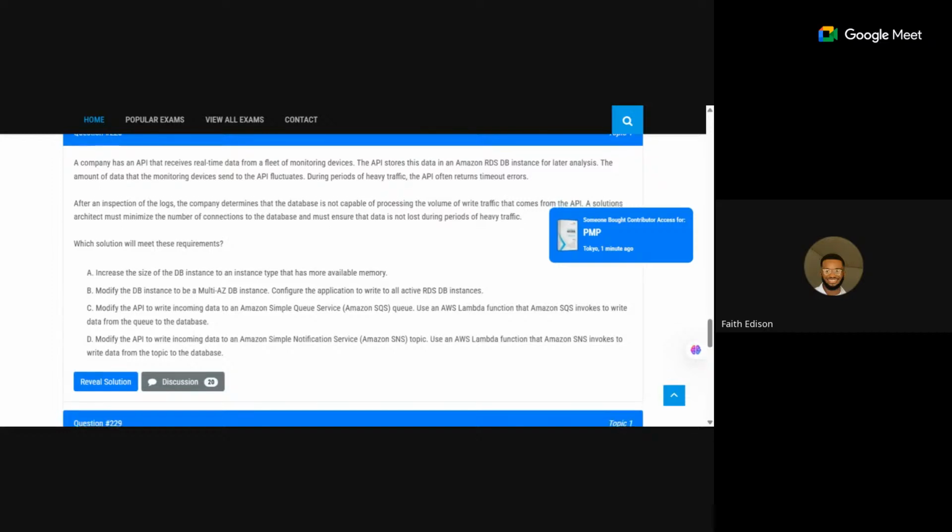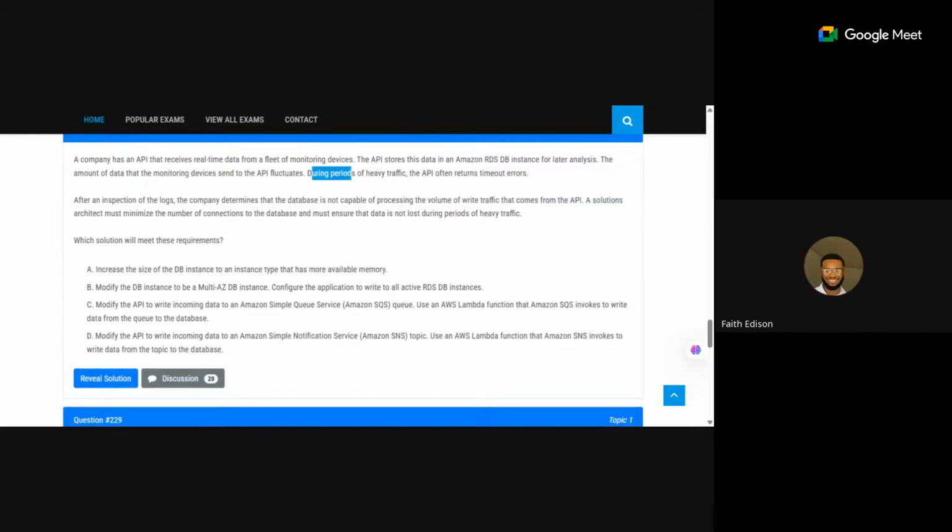During periods of heavy traffic, the API often returns timeout errors. After an inspection of the logs, the company determines that the database is not capable of processing the volume of write traffic that comes with the API.